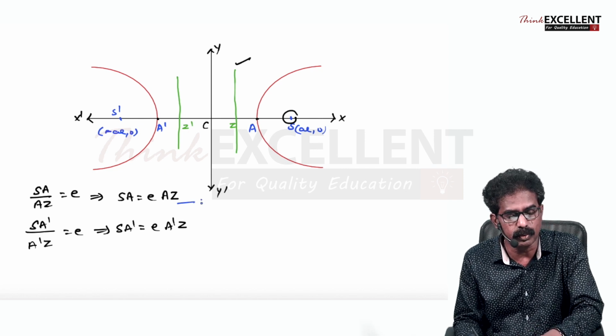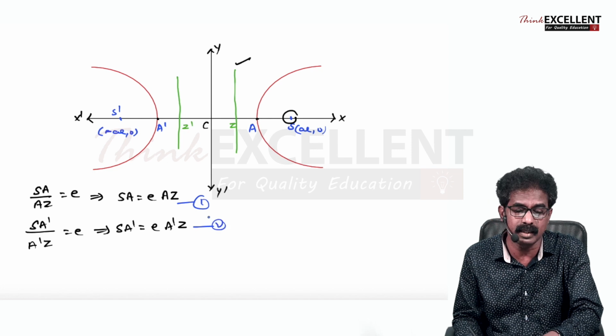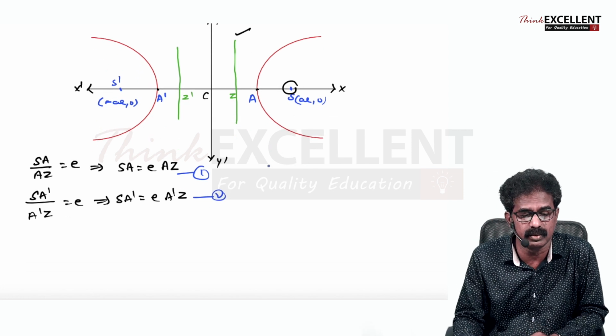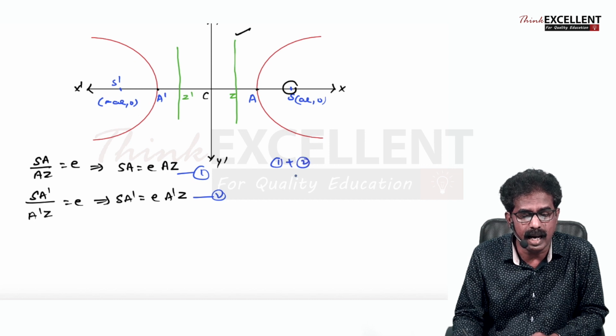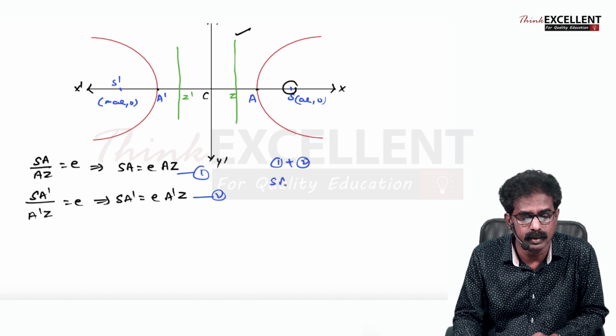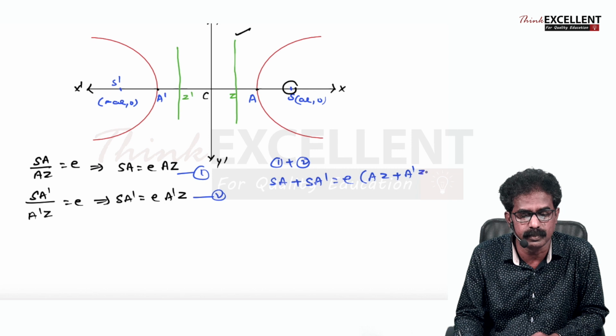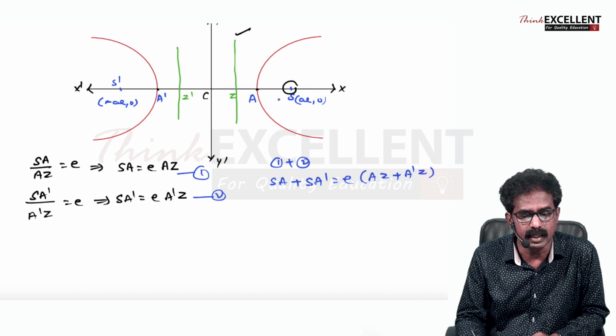Now, these are the 2 equations you have. So you have to add them and subtract them. So you'll get 2 sets of results. So when you add equation 1 plus 2, SA plus SA dash equal to E common, AZ plus A dash Z. SA plus SA dash, see the diagram, we don't know.